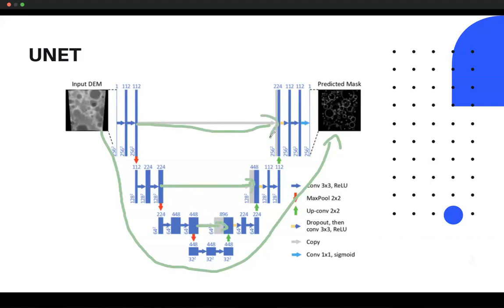This allows the decoder to have both abstract info about the global picture, and details about the location of objects. So this allows it to be very precise, and this gives the best results so far for instance segmentation.